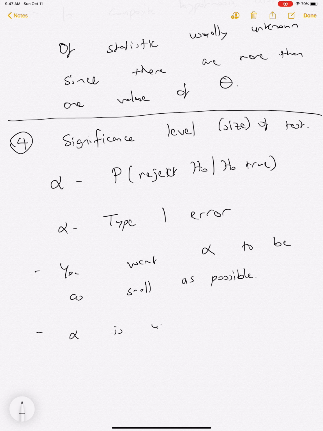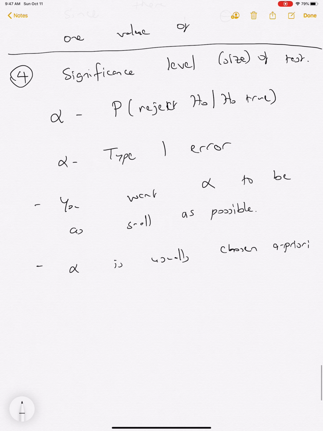And so alpha is usually chosen a priori. You usually design a test so that your alpha is a specific value, often something like 0.05, so the chance of you rejecting H naught is 5%.